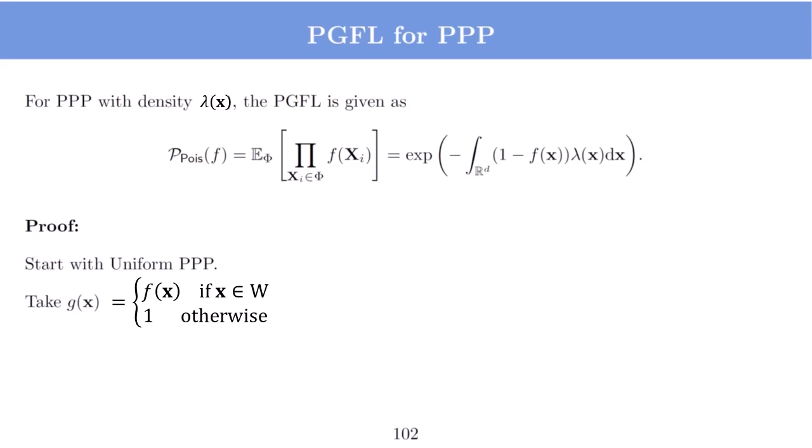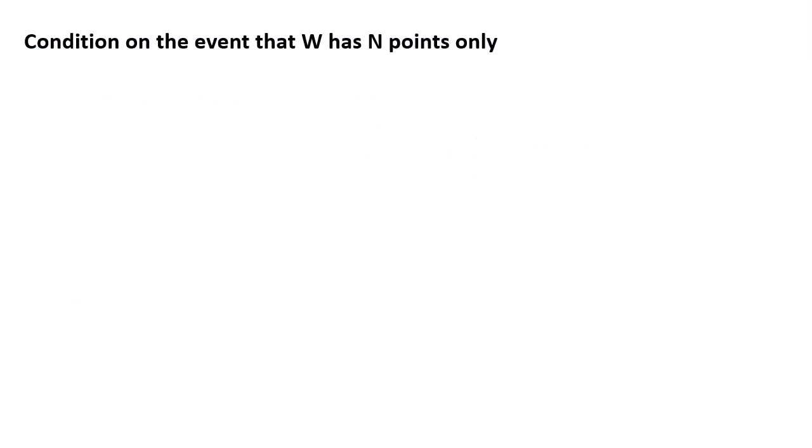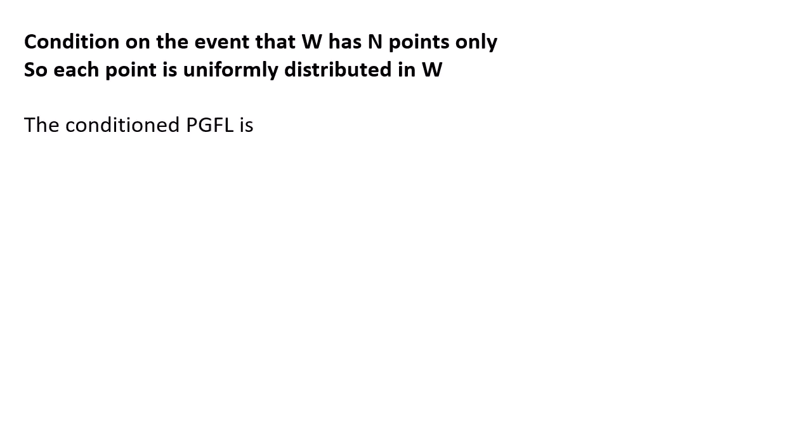So let us compute the PGFL of g first. To compute that, I am going to condition that W has n points. This W is a finite set, so the number of points in W is a Poisson distributed random variable. So first condition that it has n points, and once I condition that, we know that the whole point process looks like a binomial point process in W, which means each point is uniformly distributed in W. So the conditional PGFL, conditioned on there being n points, is going to be equal to this.